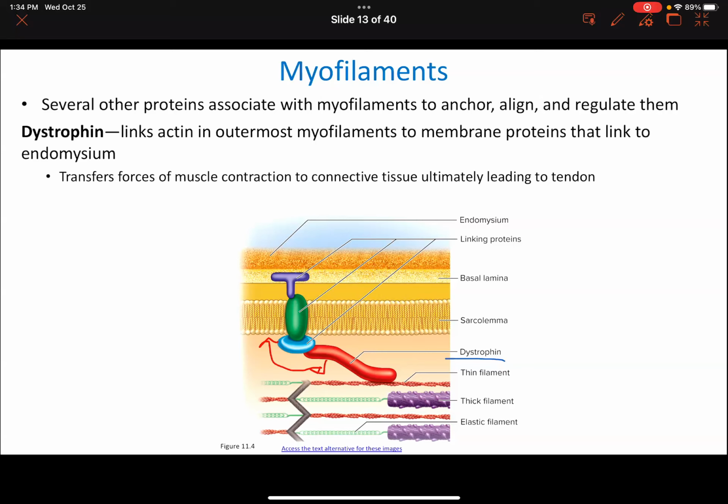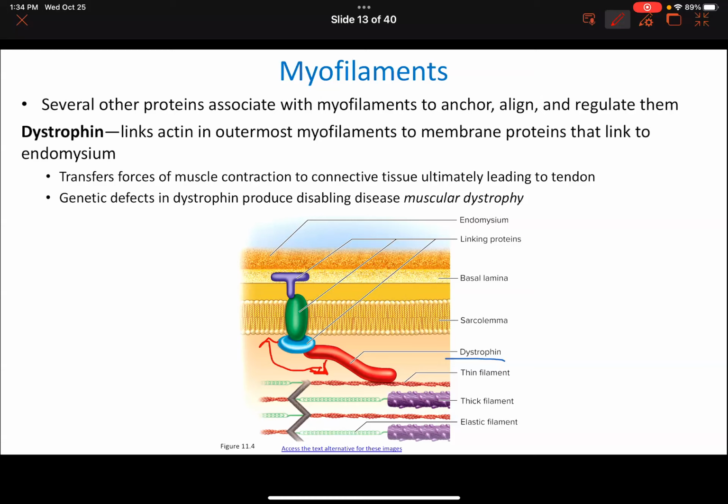This is also going to help transfer the force that comes from that muscle contraction to the connective tissue. The tension is going to continue, or the force is going to continue all the way up to the tendon. Once you have all of these contractile fibers and sarcomeres contracting across the length of a muscle, all of that force is going to be carried through to the tendon.